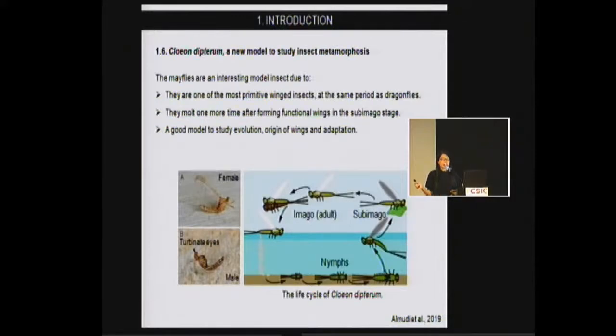And also, you will see the nymph lives in water, so they spend the nymphal life in fresh water. Then when they are ready, they molt first to subimago and then again to imago. With these characteristics, they are a good model not only for studying metamorphosis but also the evolution, the origin of wings and adaptation.